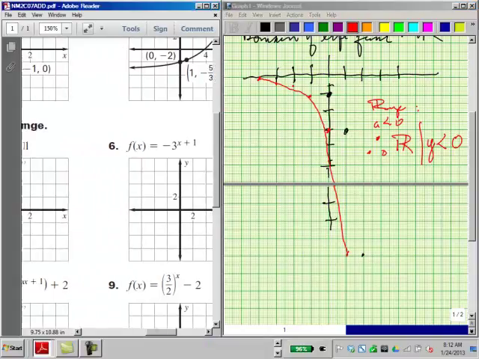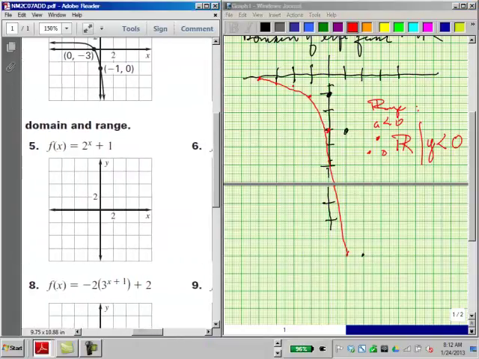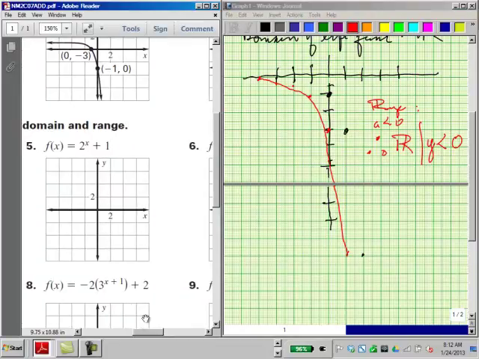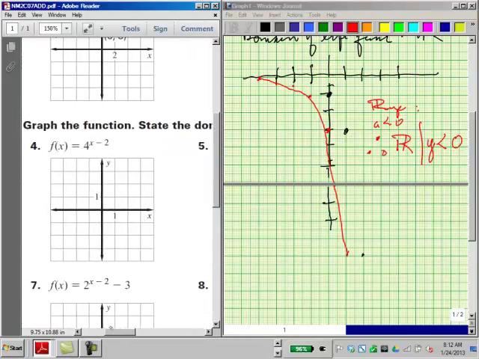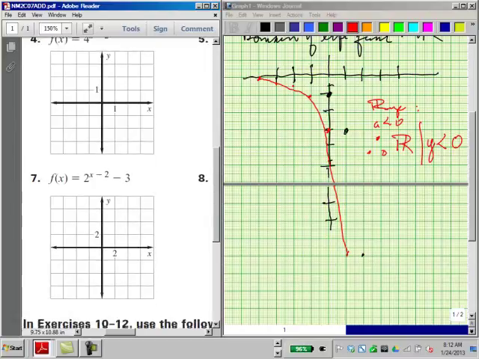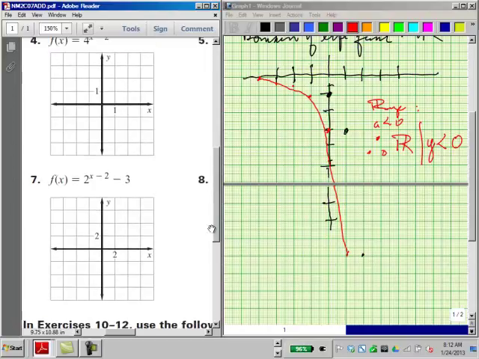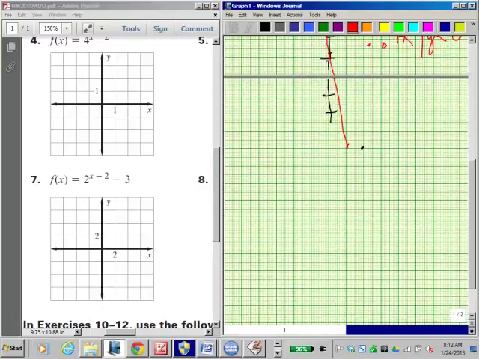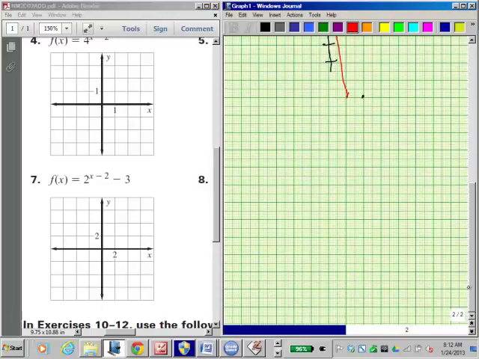Now, let's move along here. What's the ugliest one? 7. 7 ain't too great, because 7 has h and k. So let's do h and k. Let's roll on down, and let's do 7. And so let's analyze it. A is 1.